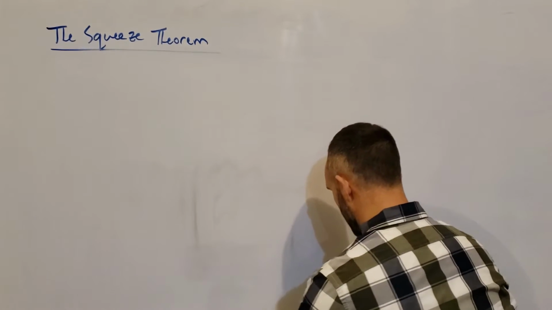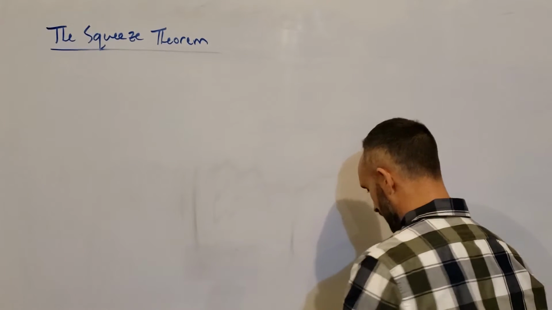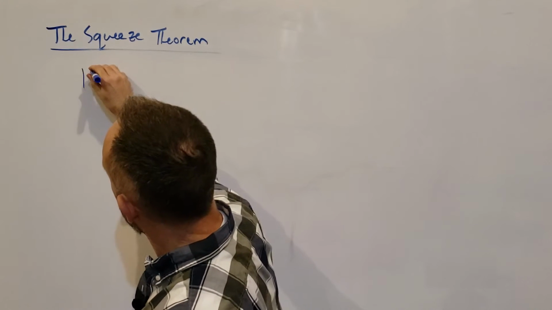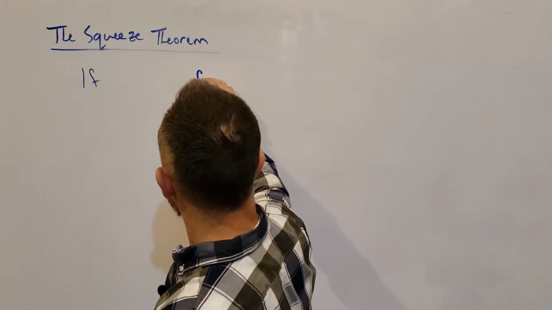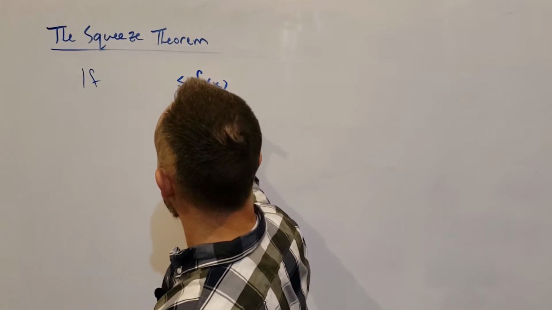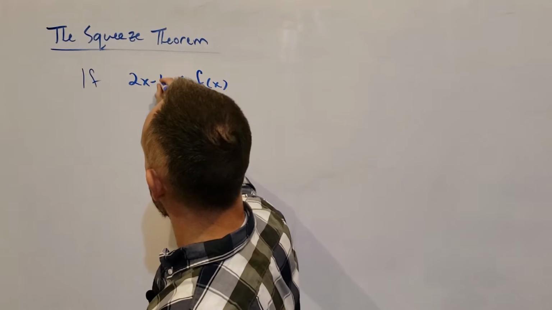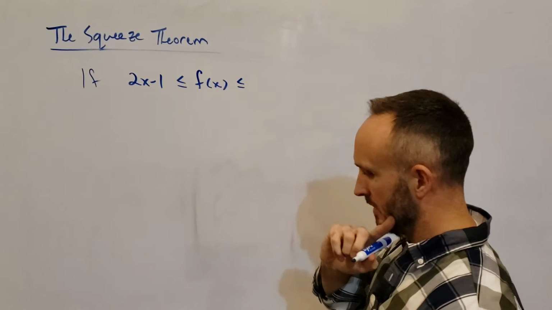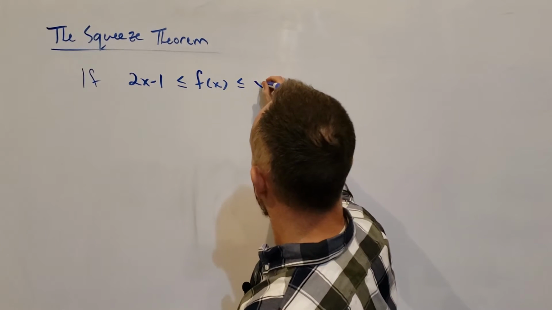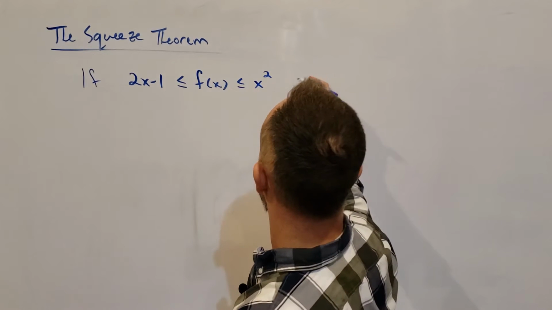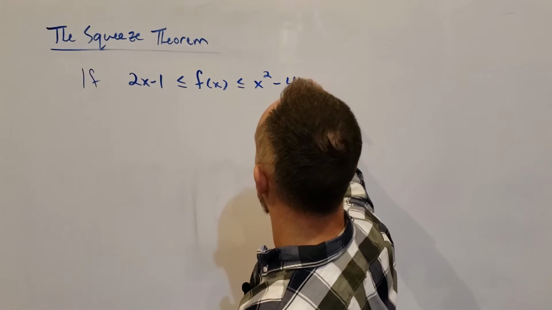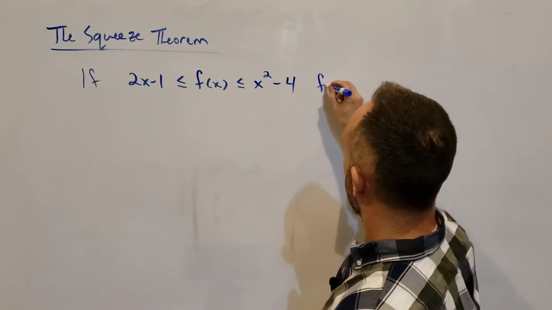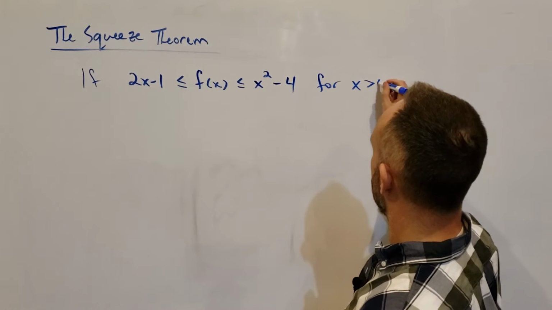So we'll start with a basic example here. Let's say this function f of x is greater than or equal to 2x minus 1 and is less than or equal to x squared minus 4 for x values greater than 0.